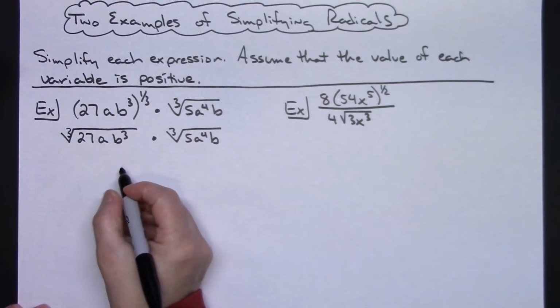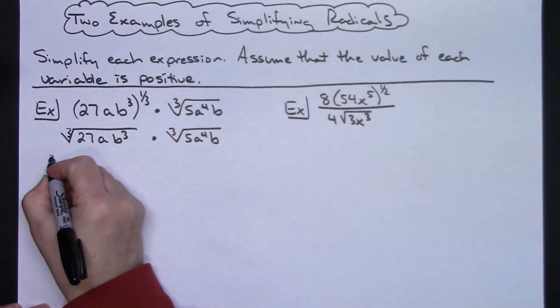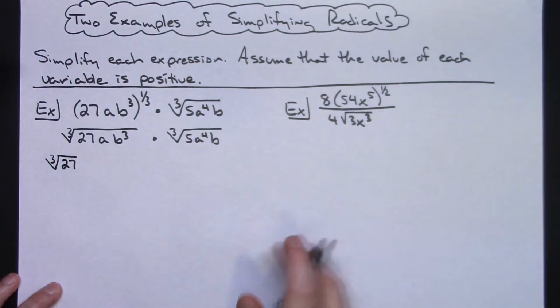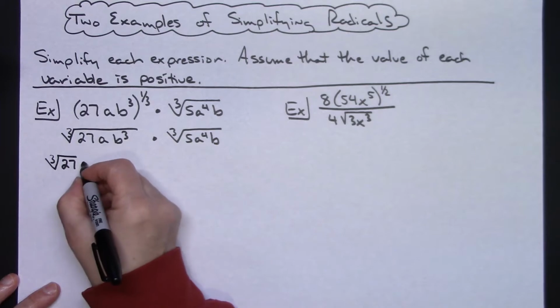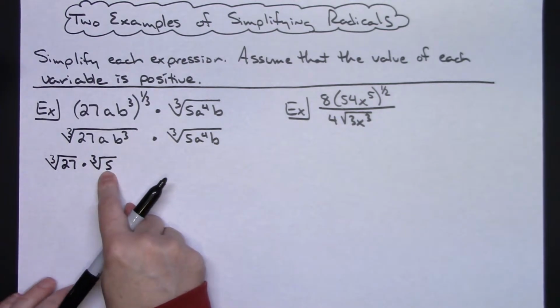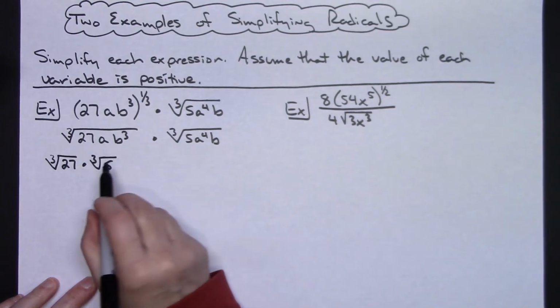But I am going to do some rearranging of terms here, so I'm going to do cube root of my 27. And then I'm going to totally rearrange here times my cube root of 5, just so I've got all my numbers together, all my matching variables together.